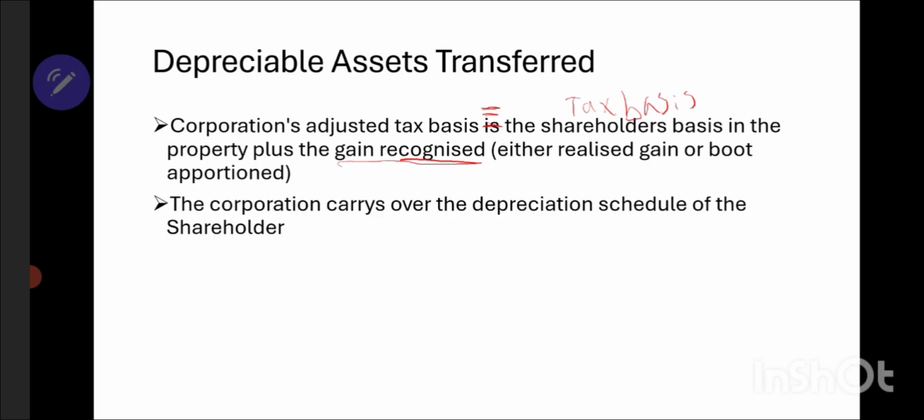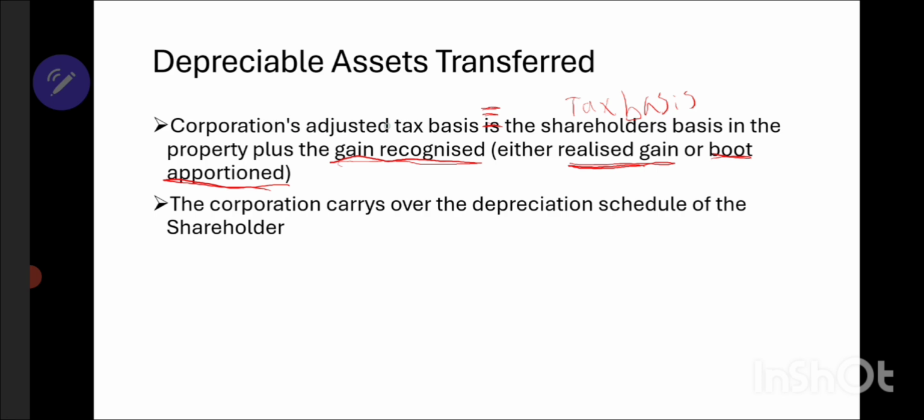Now, the gain recognized, if we can remember for when there's boot apportioned, is either the realized gain or the boot apportioned. So we did those calculations for each property. We found it's the lesser of either the realized gain or the boot apportioned.